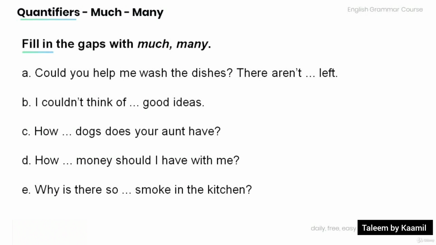And now, it's time for you to practice on your own. Read the following sentences and fill in the gaps with much or many. A. Could you help me wash the dishes? There aren't left.